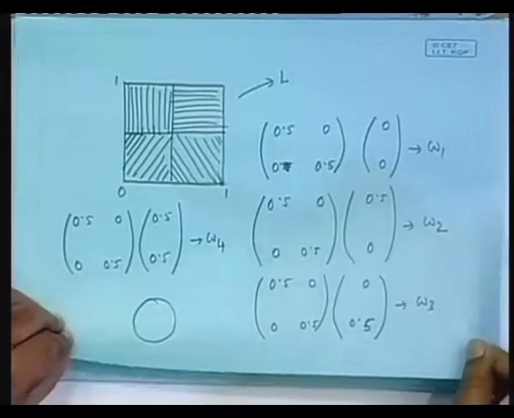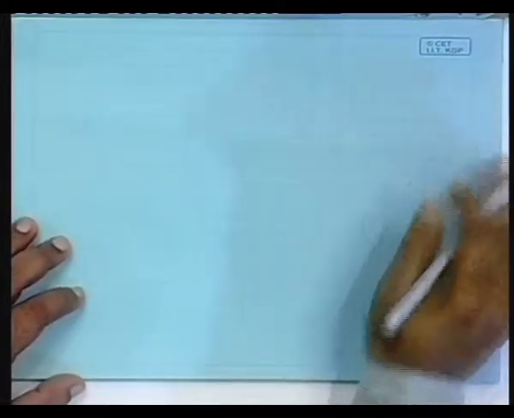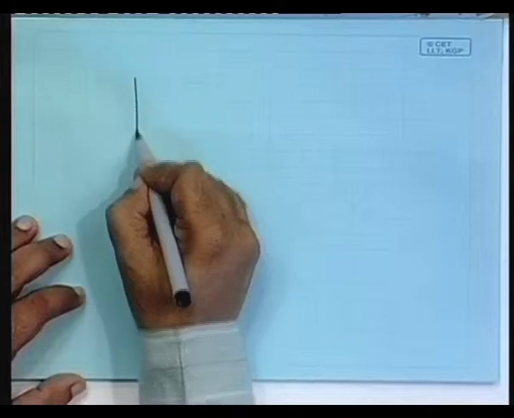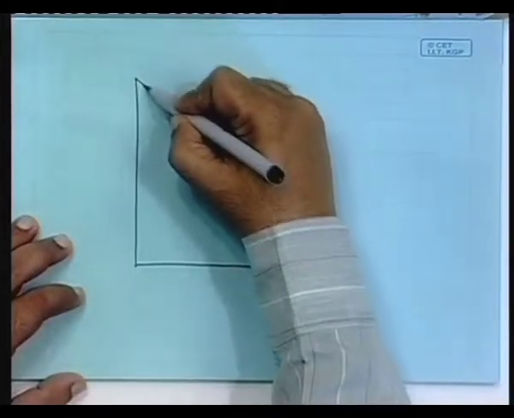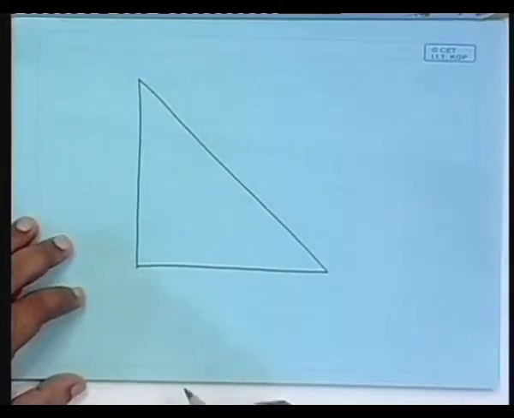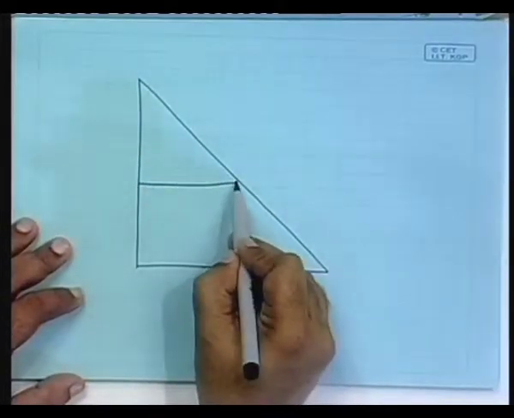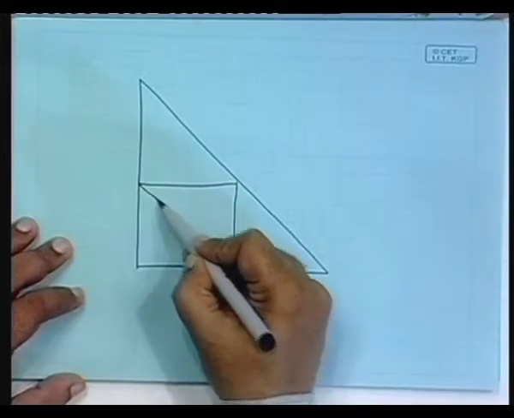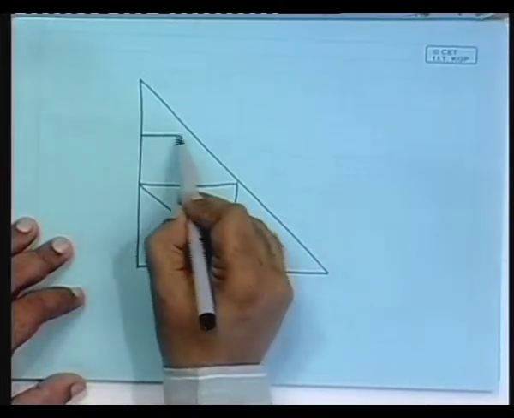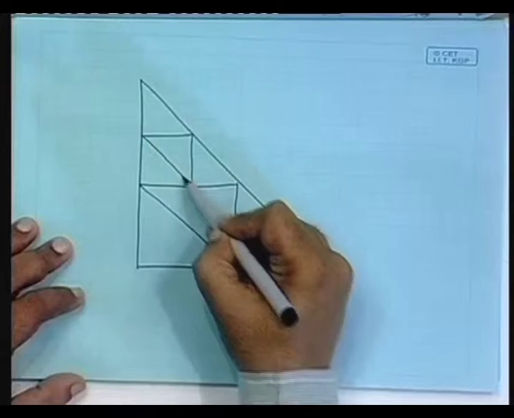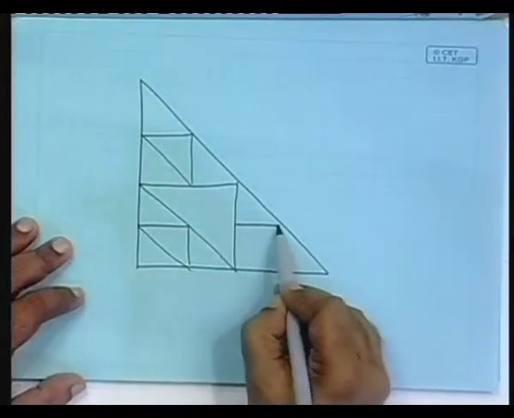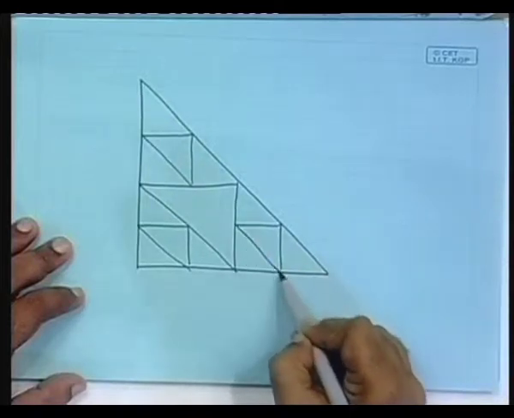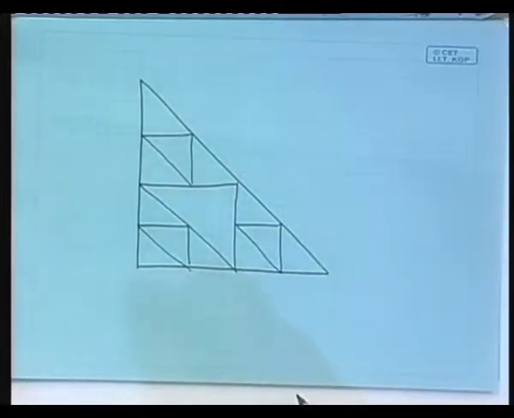How to generate the Sierpinski triangle? How will you generate this?